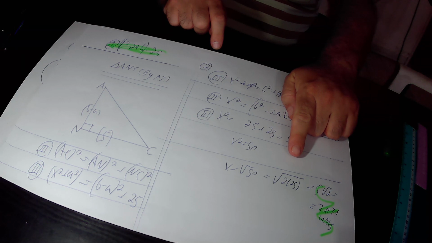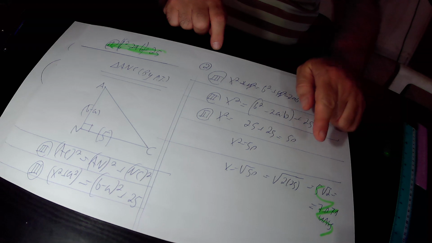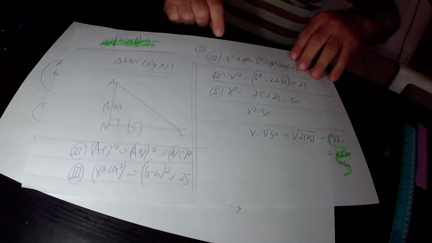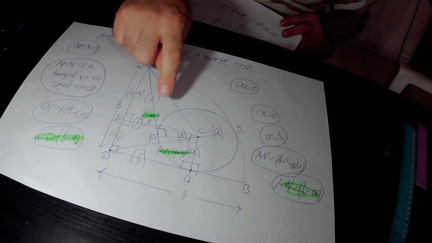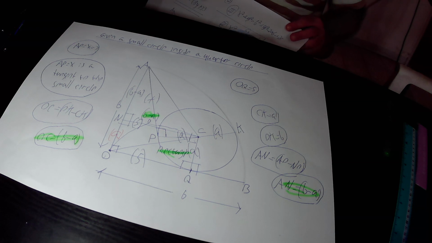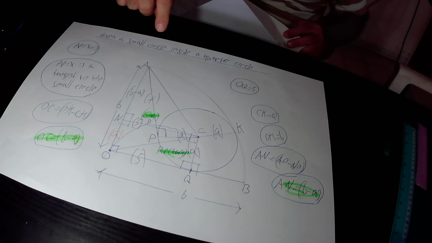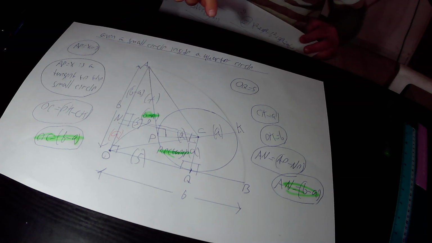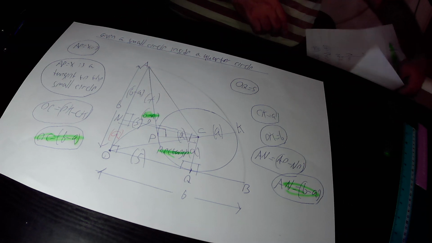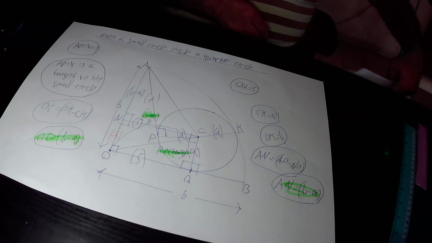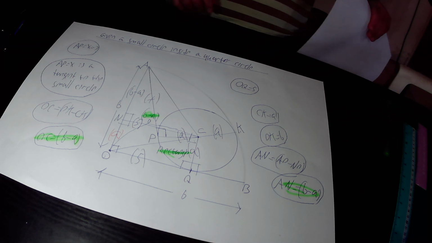Therefore, X in total equals the square root of 25 times 2, that is 5 times the square root of 2. So we find that the length of this line segment AP, which is X, equals 5 times the square root of 2 units in length, but in terms of numbers, the length of this line segment AP, X, is equal to 7.071 units in length. Okay, thank you very much.